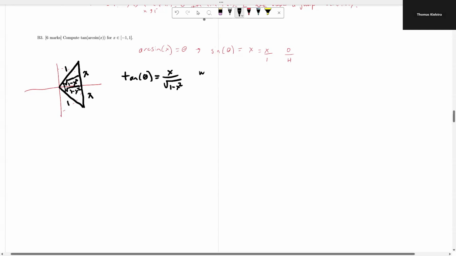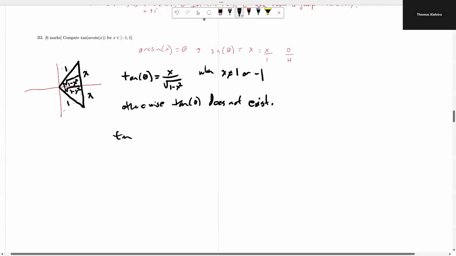And this is when x does not equal 1 or -1. Otherwise, tan of theta does not exist.